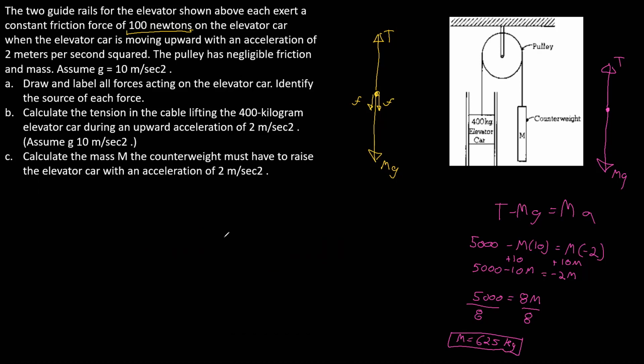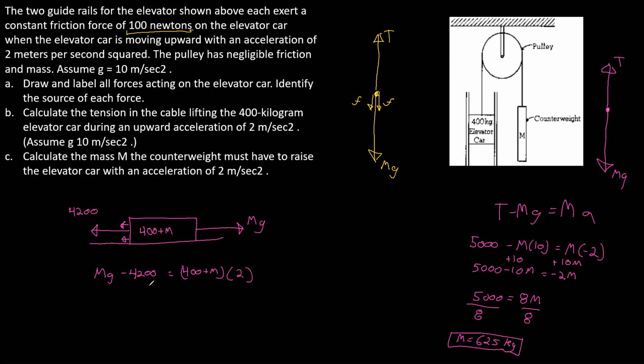The other way you could do it is treat this as one object, because the mass and the elevator car are going together, with a mass of 400 plus M. It's being pulled Mg this way, and it's being pulled 4,200 newtons this way, because you've got the two frictional forces acting this way as well. So it would be Mg minus 4,200 equals 400 plus M times a, and then from here, we know the acceleration is 2.